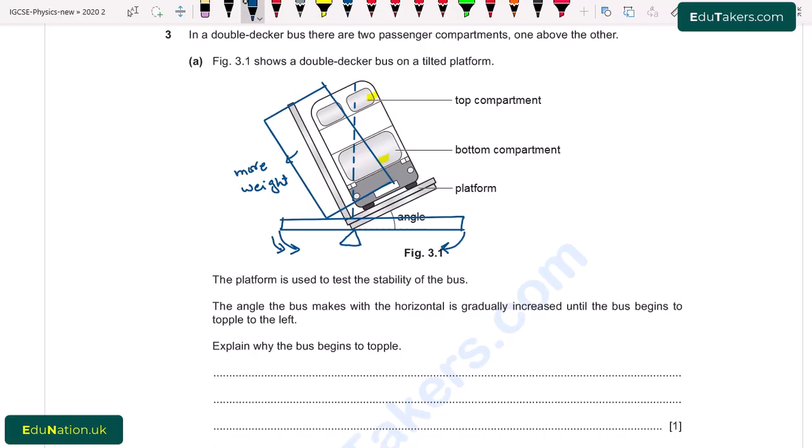So I write here anti-clockwise movement is greater than clockwise movement.